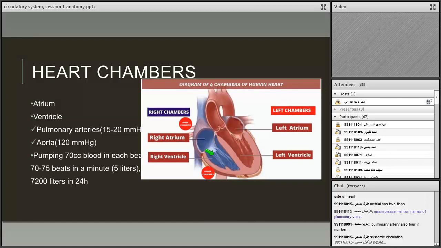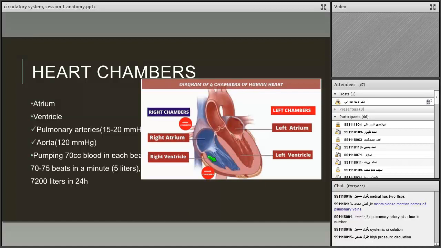It is a short direction because the lungs are close to the heart, and there is no long way for the blood to go. But the blood going to the aorta from the left ventricle has to go to all parts of the body like the head, limbs, and trunk. So it needs more pressure.